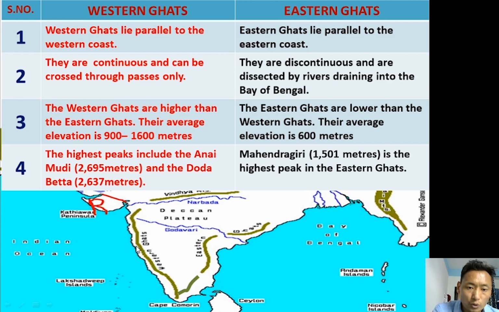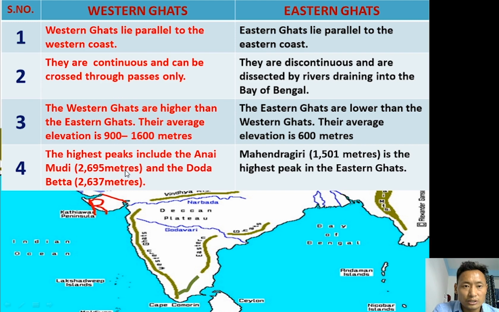Coast means those areas which are very close to sea or ocean. If we talk about the location of Eastern Ghats, they lie parallel to the east coast.